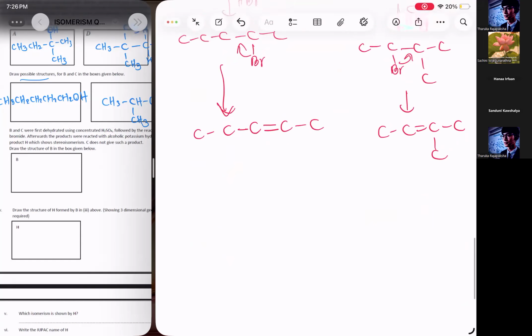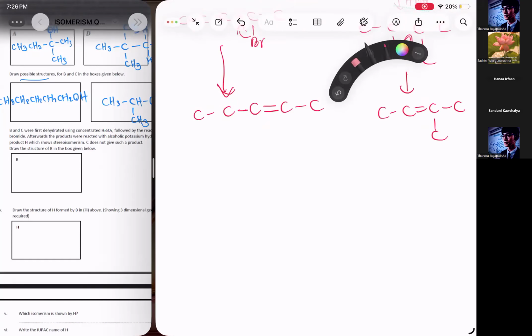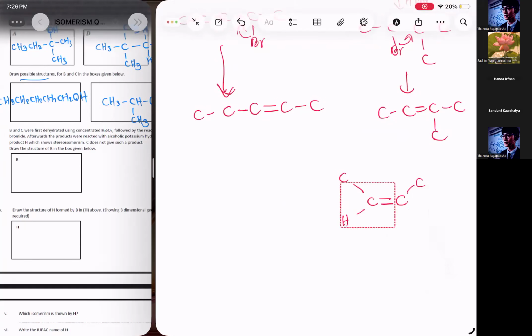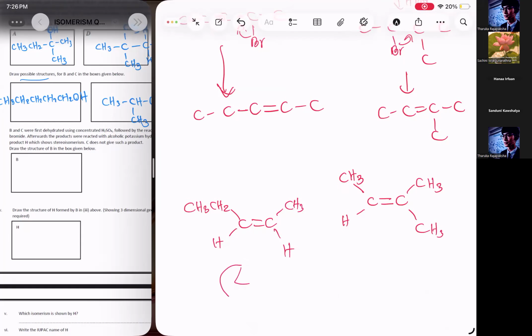So this guy, let me draw this. Okay, who shows geometric isomerism?